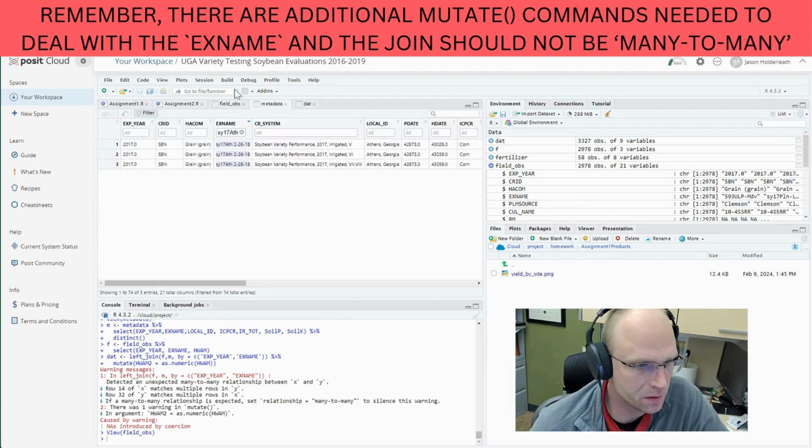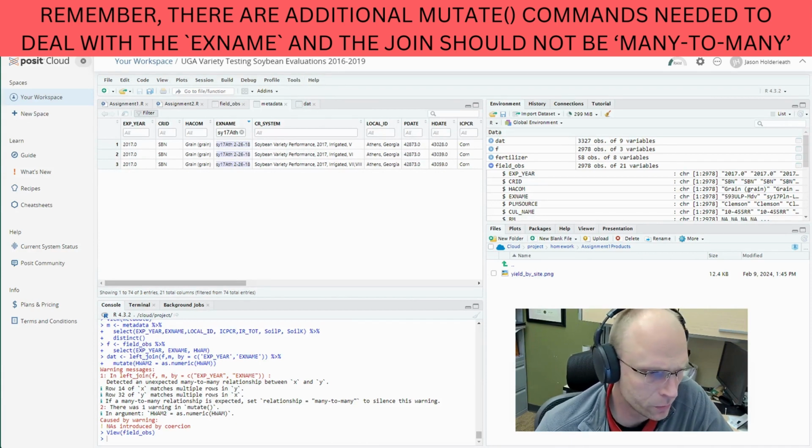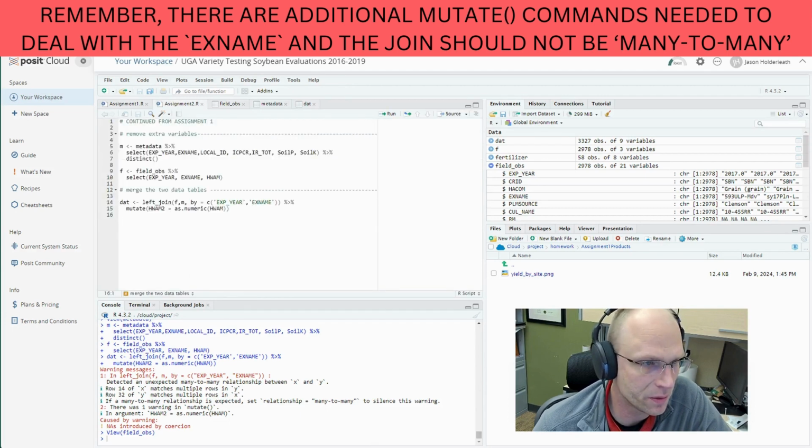So what we are looking at here, our message here, it says row 14 of X matches multiple rows in Y. Recall X is F, our field observations, Y is our M, our metadata.